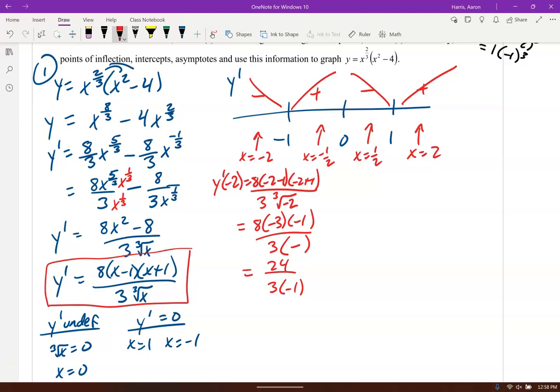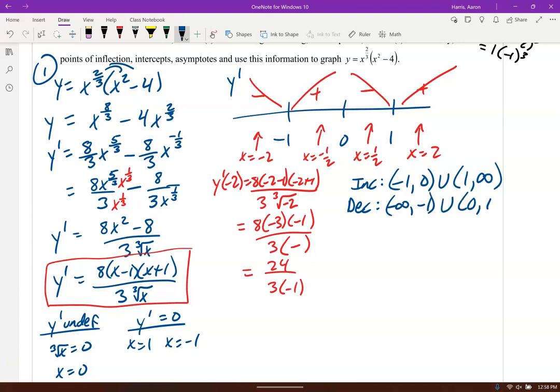So let's go ahead and write: the original function is increasing from -1 to 0 as well as from 1 on. We're decreasing up to that -1, and then from 0 to 1.